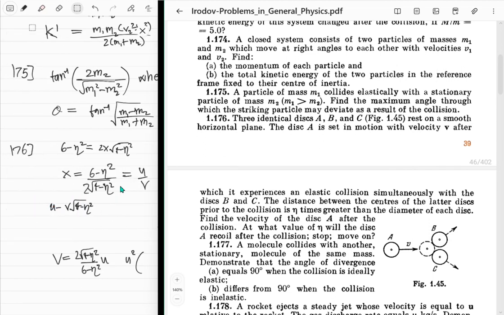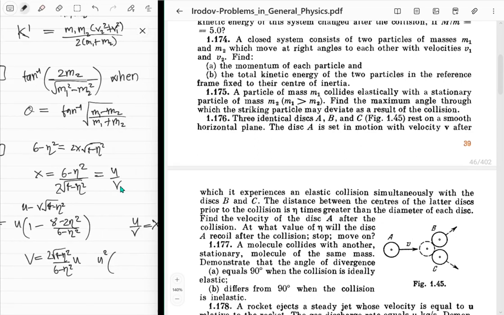This will be equal to u times 1 minus, and then v upon u is just this whole crazy stuff. It's 8 minus 2 eta squared, and then upon 6 minus eta squared.